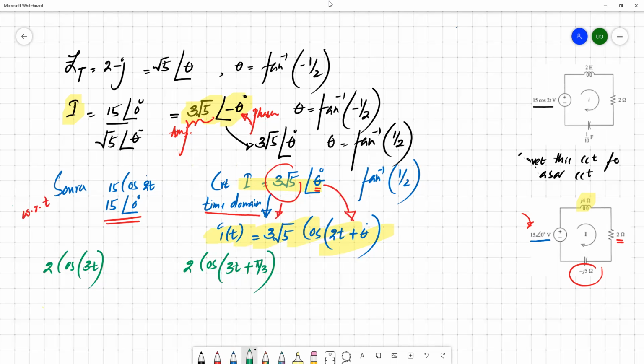So you have two sources. One has a 0-degree initial phase shift, and the other has a 5 by 3 initial phase shift.